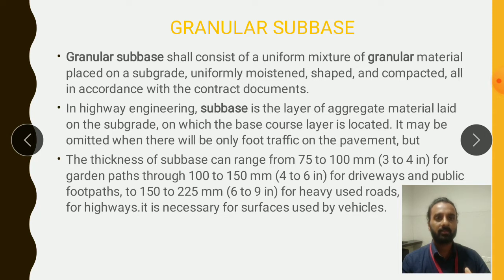In highway engineering, subbase is the layer of aggregate material laid on the subgrade, on which the base course layer is located. It may be omitted when there is only foot traffic on the pavement. The thickness can range from 75 to 100 mm for garden paths and driveways, previously discussed 100 to 150 mm, and public footpaths will be more, 150 to 225 mm in thickness for different types of vehicles.